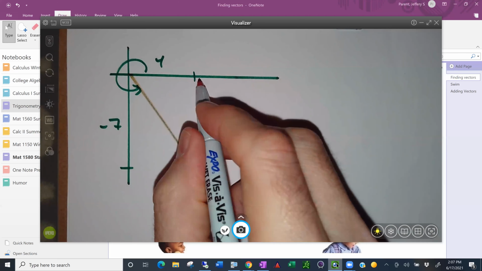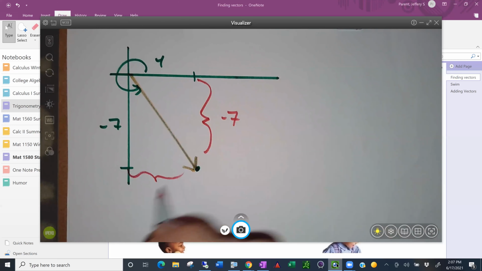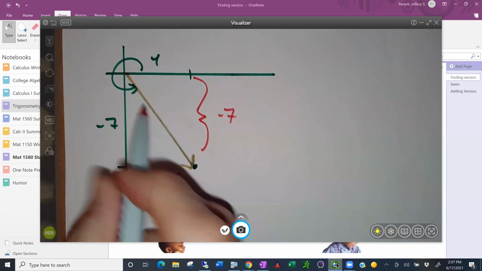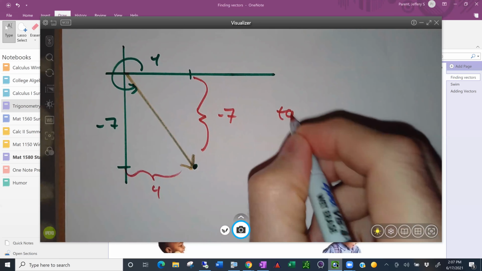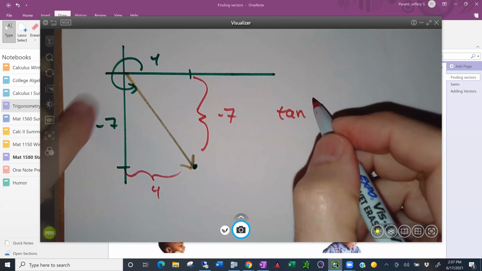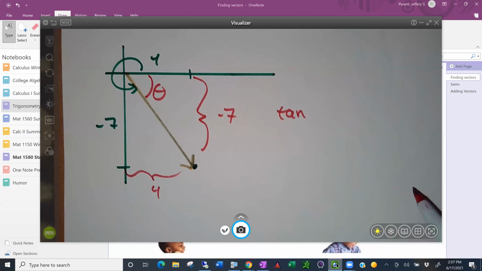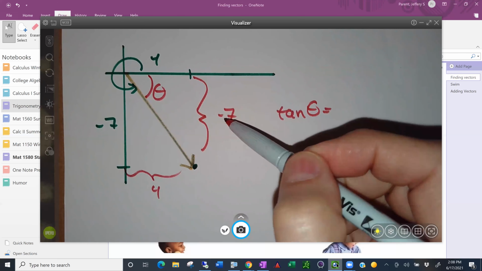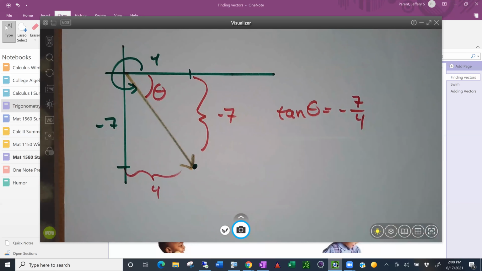I know the length of this side is -7 and the length of this side is 4. So if I don't want to bother calculating the length of the hypotenuse, I could just use the tangent. Tangent of this angle, I'll draw a theta here, even though it's kind of like a reference angle. Tangent of theta is going to be the opposite over the adjacent. So -7 over 4.